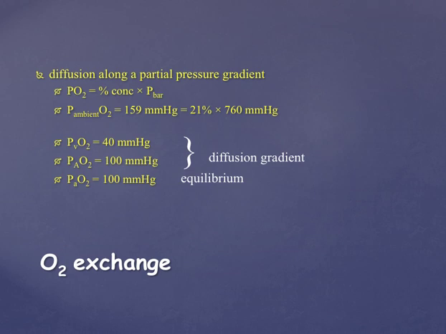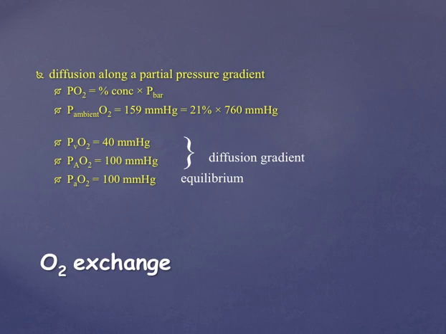As a reminder, partial pressure is calculated as the percent concentration times the total pressure, usually the barometric pressure. And if we're talking room air, the barometric pressure is 760 millimeters of mercury. If you watch the weather, you might hear that the barometric pressure is around 29.9 inches, 30 inches, 760 millimeters.